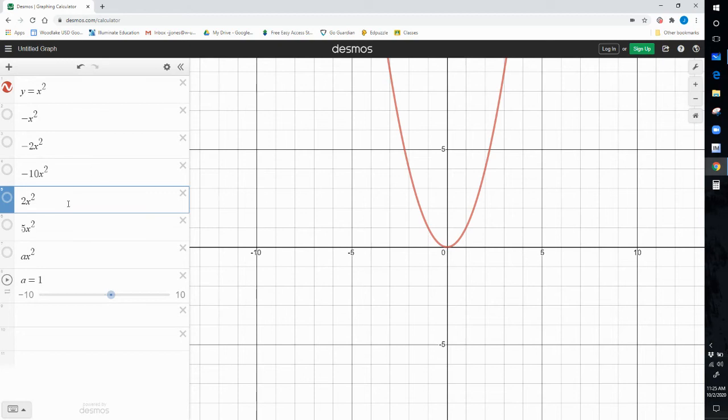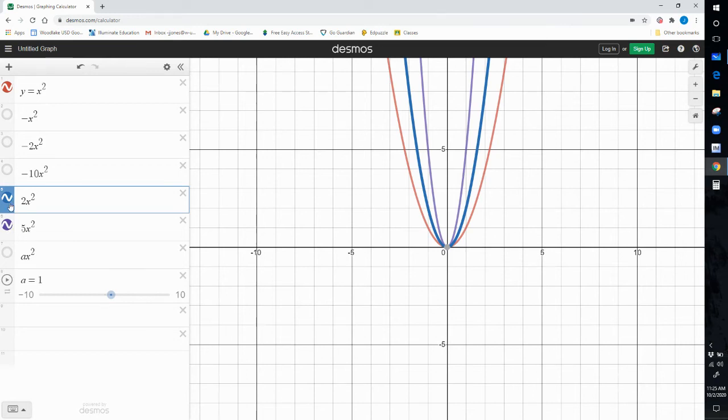Now, what if we put in a number for a, a number in front? So now instead of having x squared, we put 2x squared. What happens there? Ooh, the vertex is in the exact same spot, but the graph looks to be skinnier, just more stretched out. Let's add a different number, like a 5. How is that different?